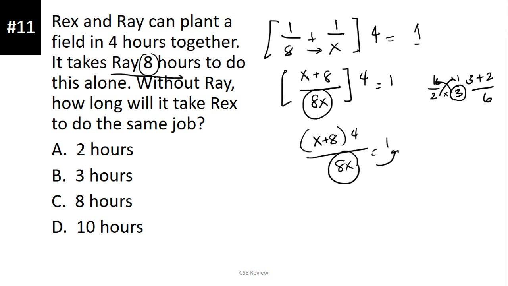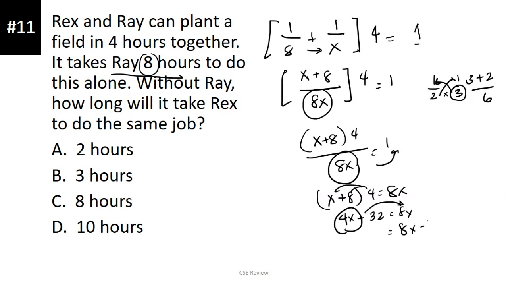Yung 8x, i-multiply natin sa kabila para lumipat siya doon. So, this is going to be 8x plus 8 times 4 is equal to 8x. Solve lang natin siya. So, we have, i-distribute natin siya for x plus 8, 16, 24, 32 is equal to 8x. Ililipat natin yung 4 doon sa kabila. Magiging 8x minus 4x is equal to 32.